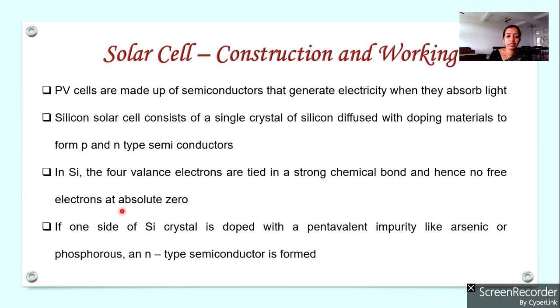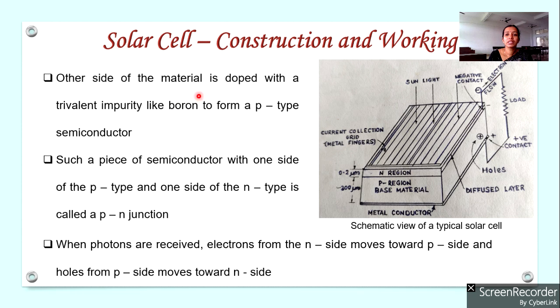Thus an n-type semiconductor is formed on that side. On the other side of this silicon crystal, a trivalent impurity like boron is added.